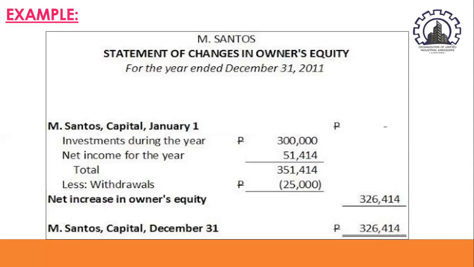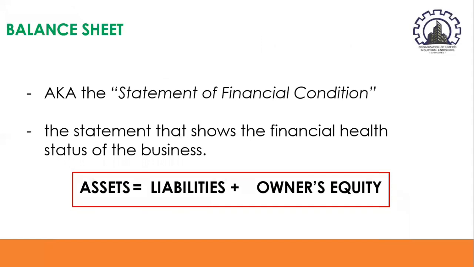And next we have statement of financial condition, which is also known as the balance sheet. This is the statement that shows the financial health status of the business. Now, this is the statement of financial condition or financial position that gives the user information about the condition of the business enterprise as of the given period.